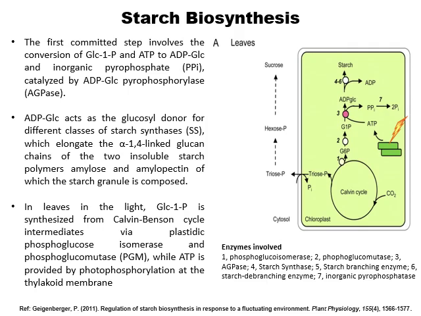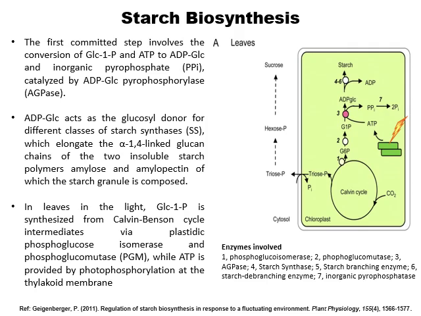So this is about the starch biosynthesis, and these are the enzymes which are involved in this reaction. So this is the first enzyme, phosphoglucoisomerase, in which glucose 6-phosphate is formed. Then the second enzyme is this one, phosphoglucomutase, in which glucose 6-phosphate is converted into glucose 1-phosphate.